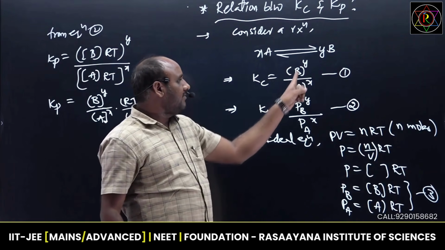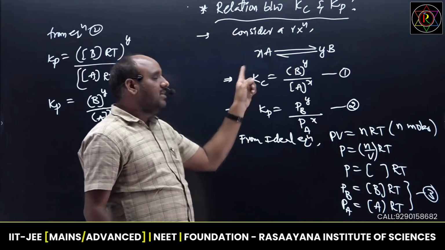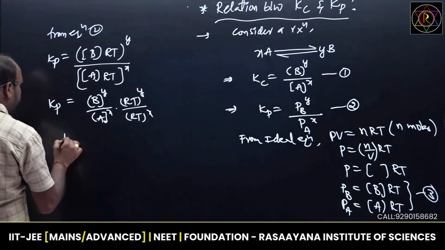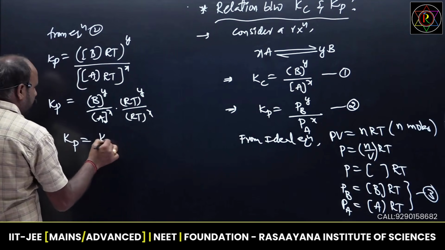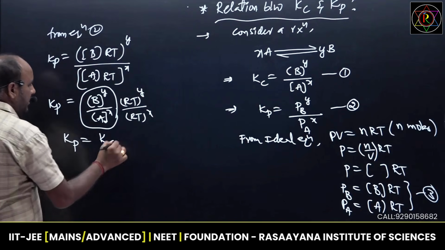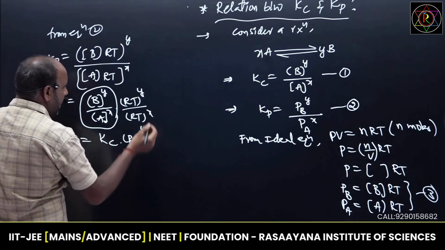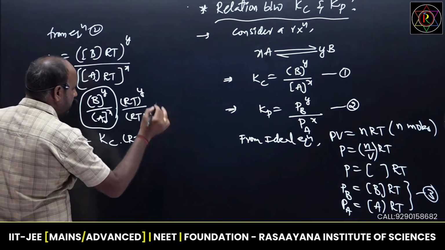B concentration power Y by A concentration power X is equation 1, which is equal to Kc. Therefore Kp is equal to Kc into RT power Y, and the X comes to the numerator, which becomes Y minus X.